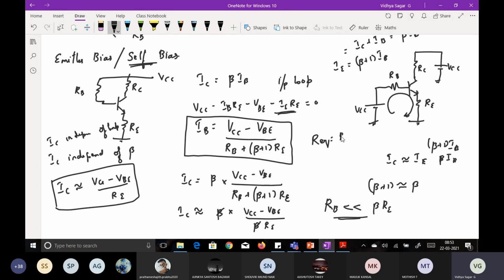R equivalent will be RB parallel with the other resistor. So the resistance will approach your smaller value only. So if I'm choosing a smaller value and placing it parallel to your RB, you'll have a smaller value only. By that you could have your reduced RB.